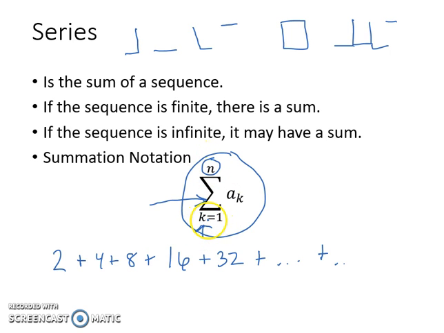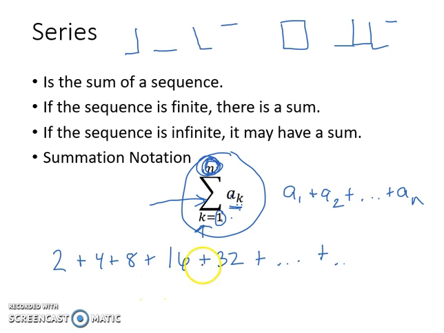So we're going to start at k equals 1, and we're going to go up to whatever our stopping point is. In this case, we have our a sub k term. So a sub 1 plus a sub 2 plus all the way up to a sub n. So we're replacing that k by our numbers that we have in our summation notation.